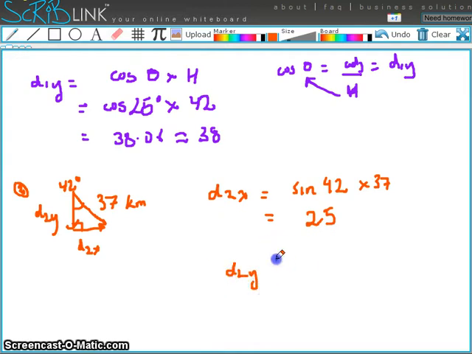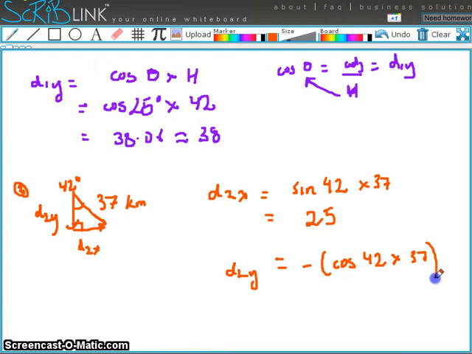D2y. Now, something is a little bit different here. We're in the south direction here. Since upwards y is positive, your downwards y is negative. So we have a downwards y here, and we're going to put a negative in front of your entire solution. So negative cos theta, which is 42 times 37.